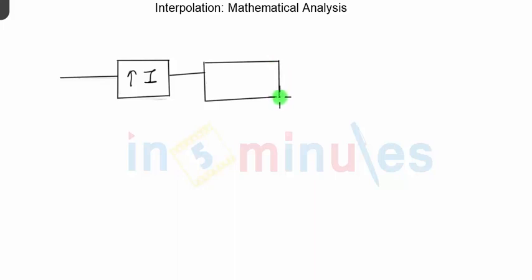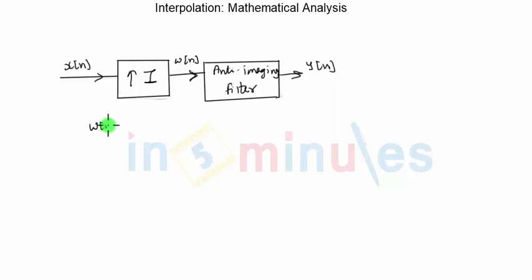But after the process of interpolation, we must have a filter, and this filter is called anti-imaging filter, because it helps to remove the images that are generated as a result of interpolation. So the input to this interpolation block is, let's say, x of n. The output of interpolation will be called w of n. Only after it passes through the anti-imaging filter, the final output will be called y of n.